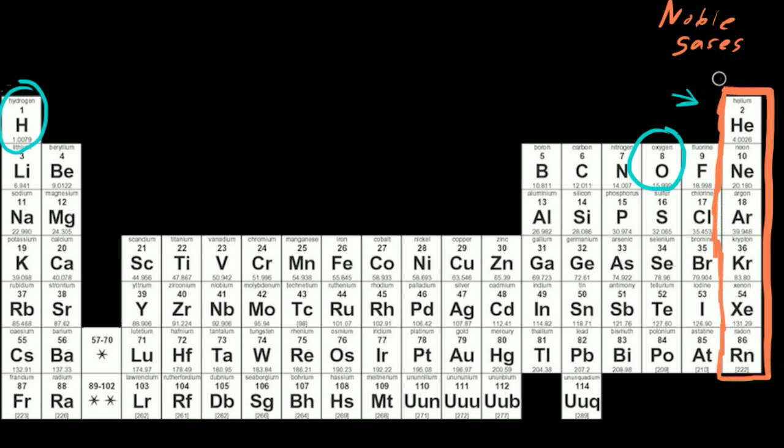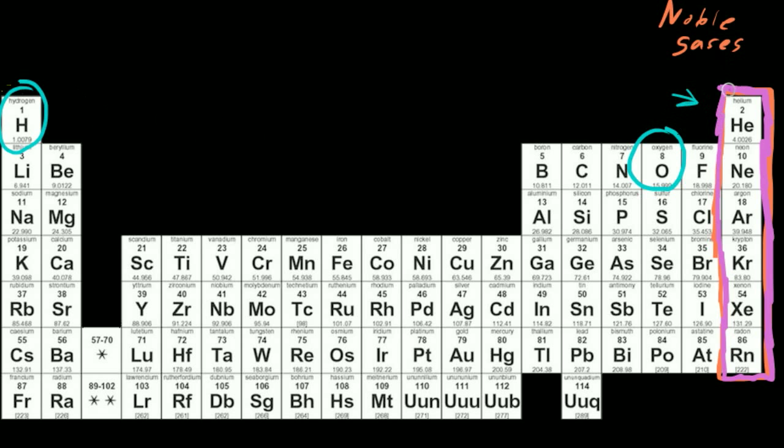And we'll actually talk a lot about this in the future, about what almost all of these other elements want to do: they want to have an electron configuration that looks a lot like these guys. Because these guys are so stable, because these guys don't want to react anymore, all of these other elements sort of want to get that type of electronic configuration. And if you don't understand that right now, don't worry about it. We'll definitely talk much more about that in the future.